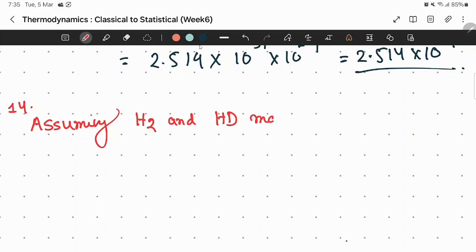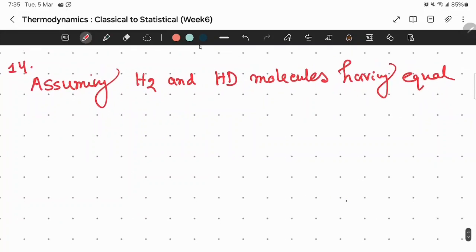These molecules having equal bond length.